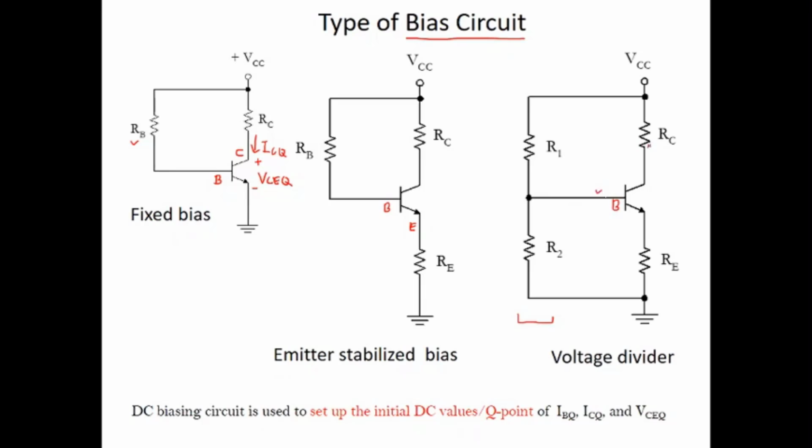The resistor at the collector and the resistor at the emitter are the same, but for the bias at the base terminal, instead of having only one resistor RB, we have R1 and R2.